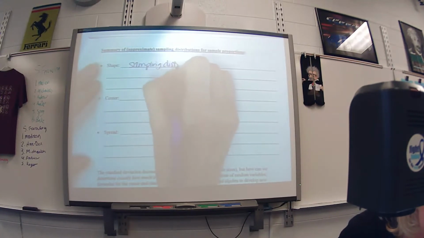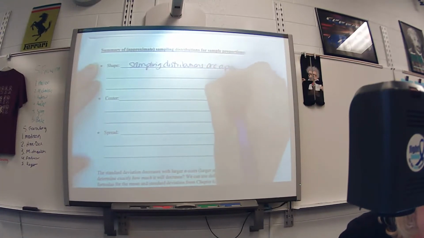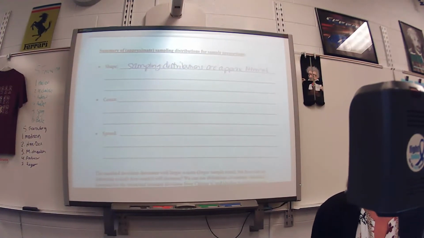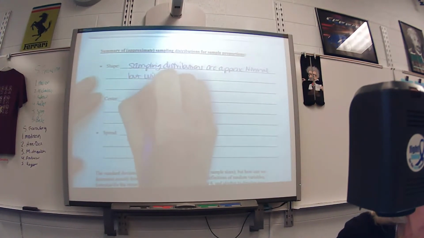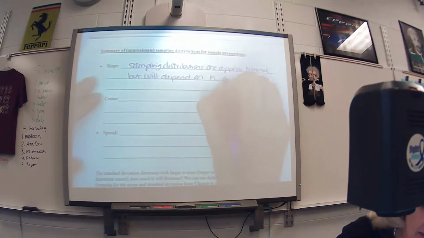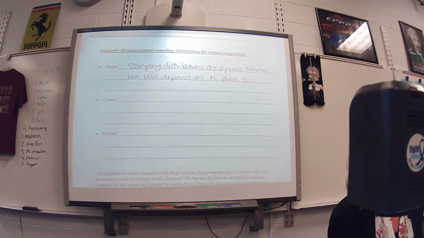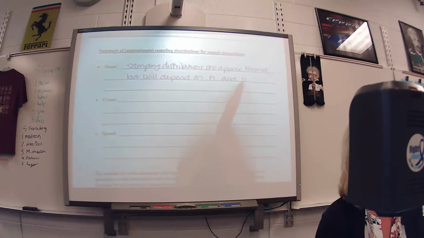Sampling distributions are approximately normal, but it will depend on n and p. If your p is 50-50, you are going to have approximately normal.